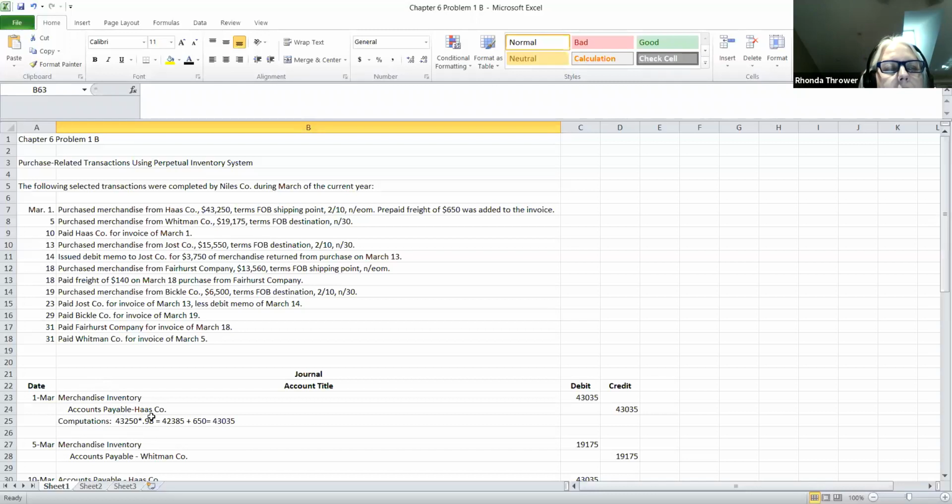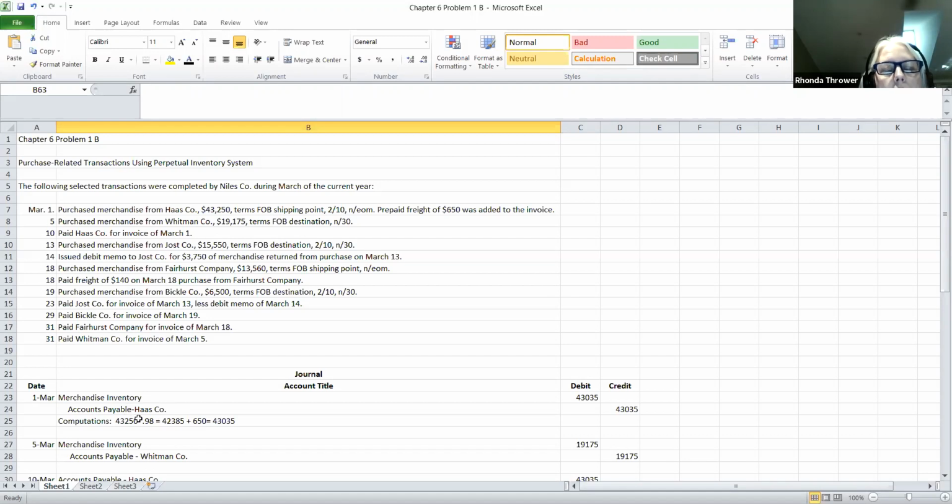You remember that I said that we skipped chapter 5, and chapter 5 was about showing how much we owe to our suppliers. So accounts payable is made up of all the creditors that we owe money to.